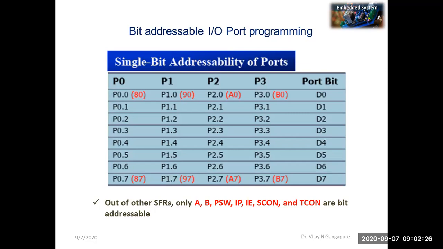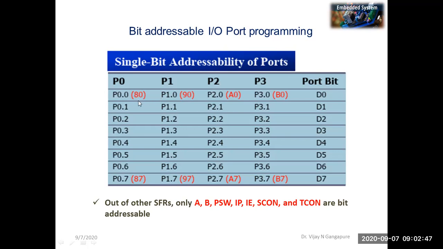That means we can set or reset a particular pin, or read in data from a particular port pin. So all these ports of the 8051 are bit addressable, meaning I can read in or output data on a particular port pin.